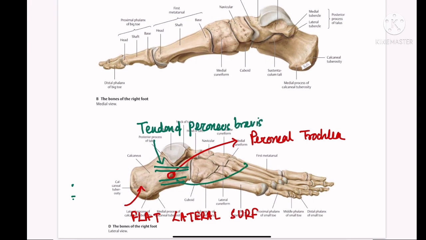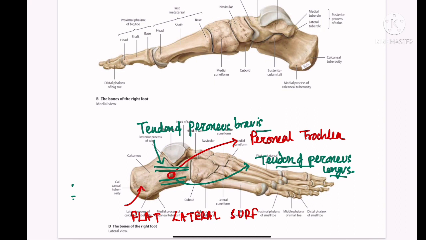Below goes the tendon of peroneus longus. Okay, that is about the lateral surface. So lateral surface, peroneal trochlea, above the peroneal trochlea, peroneus brevis, below it is the peroneus longus.